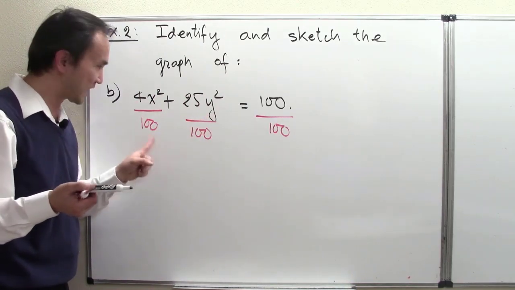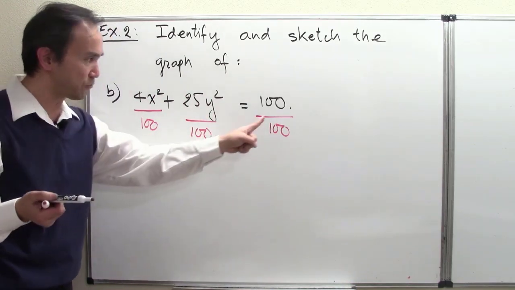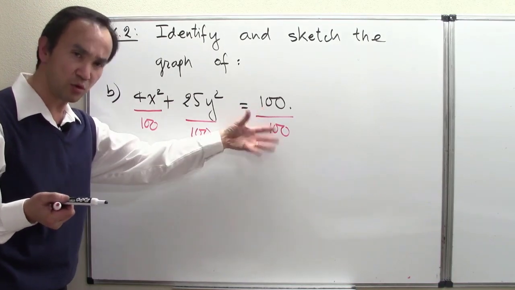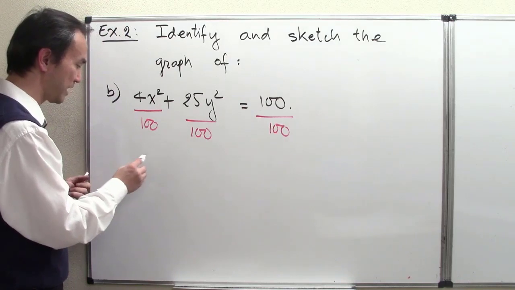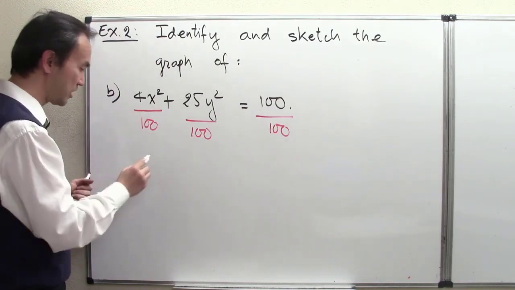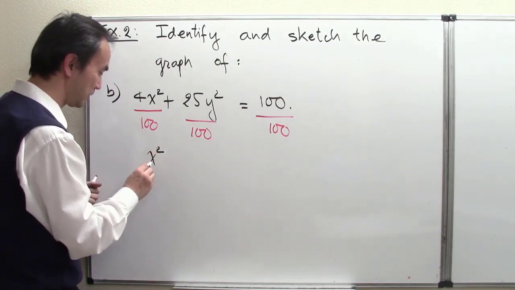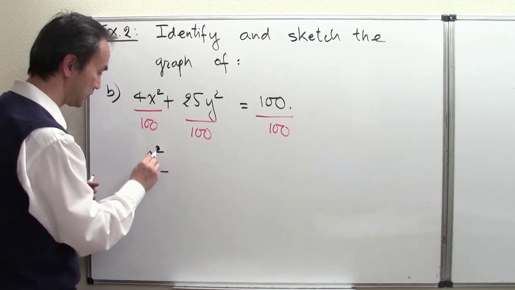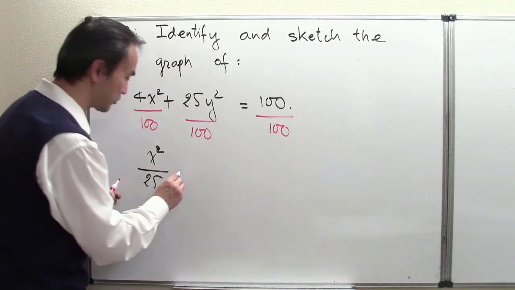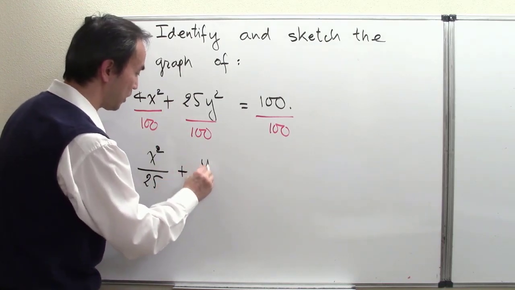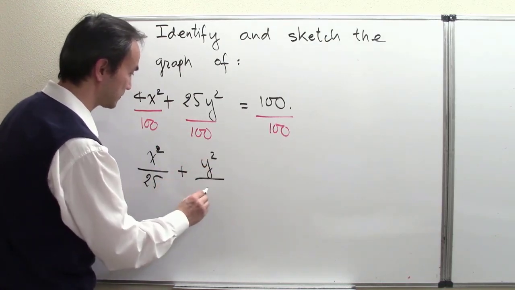And so in that way, I can just jump immediately into the step where I'm trying to make the right-hand side equal 1. So in that way right here, my next equation becomes 4 reduces with 100, giving me x squared over 25. 25 reduces with 100, gives me y squared over 4.